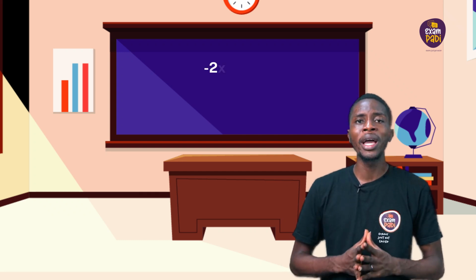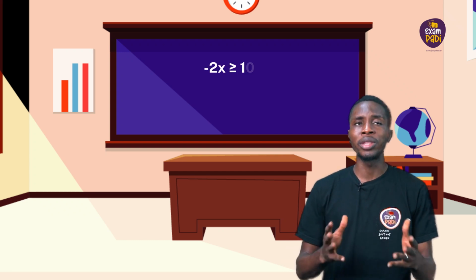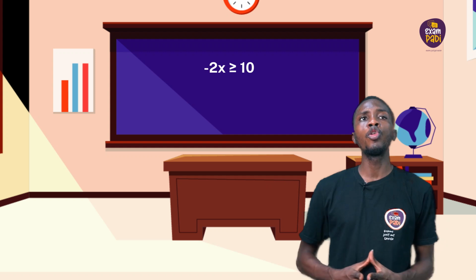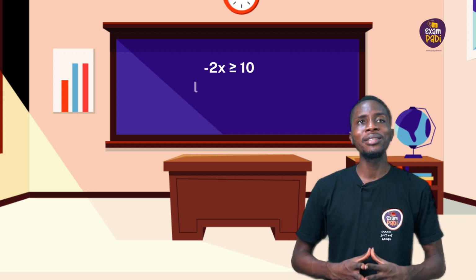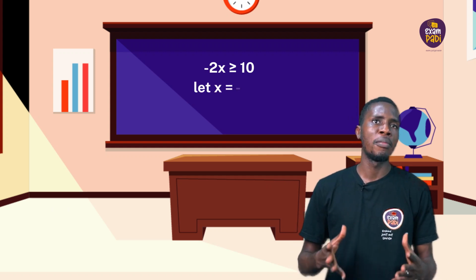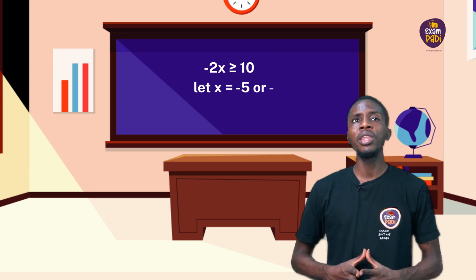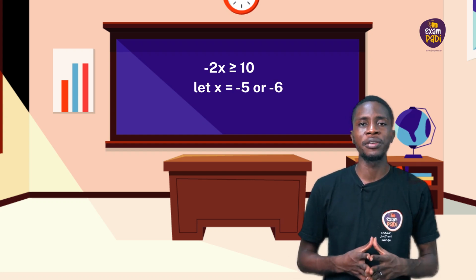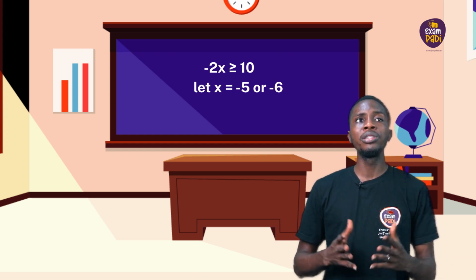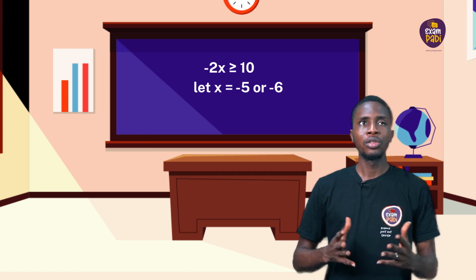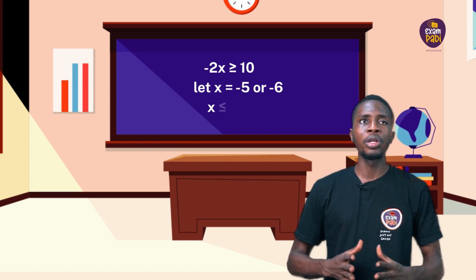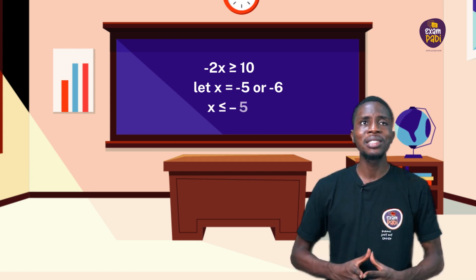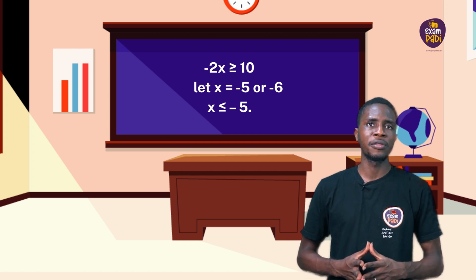But what would happen if you had minus 2x greater than or equal to 10? Before solving, if you let x equals minus 5 or minus 6 or any other value that is less than minus 5, then the inequality will be accurate. So, you would write your solution as x less than or equal to minus 5.